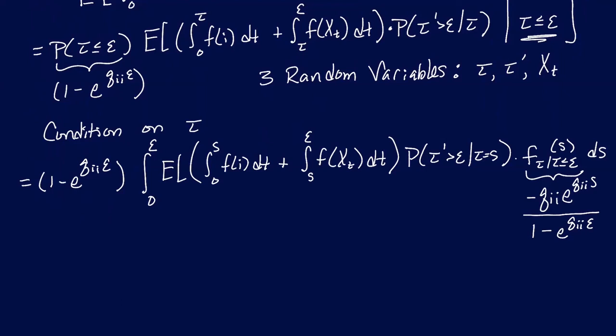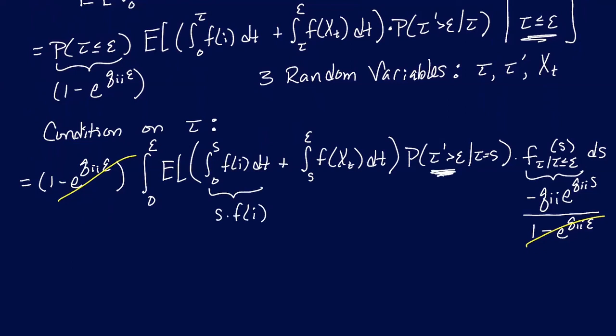Thank goodness we have found some cancellation. What else do we know? For this first integral here, we are integrating a constant with respect to t. So we do know that this is just s times f of I.